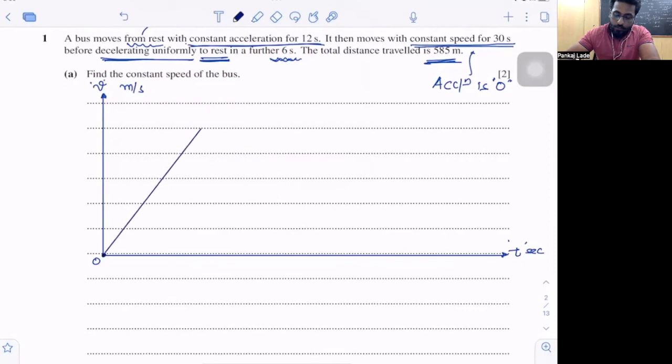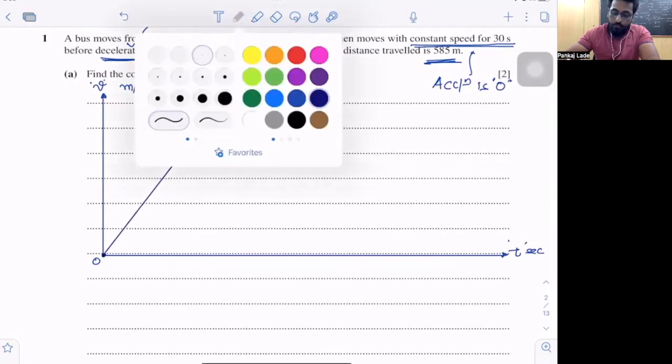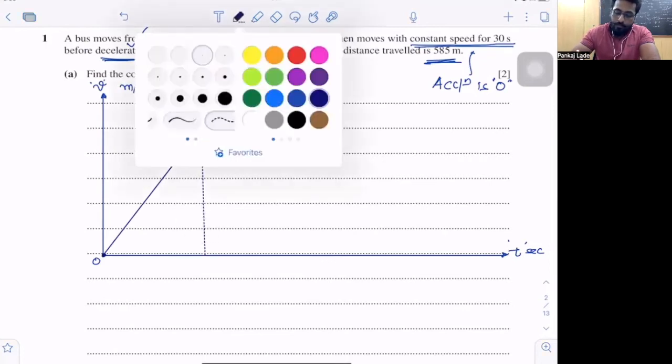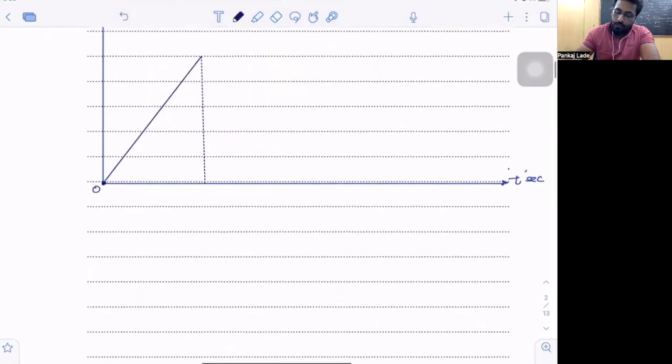Let's say this is 12 seconds. I draw a vertical line as well here to signify that this is 12 seconds. That's a vertical line that has been drawn. So this is 12 seconds.